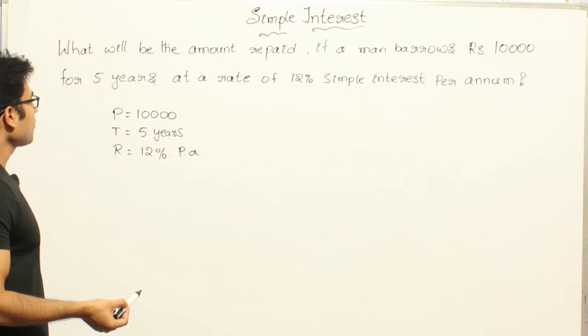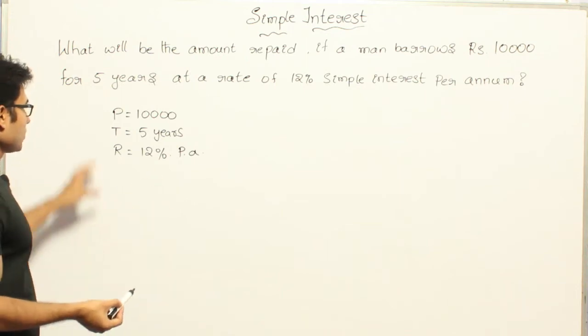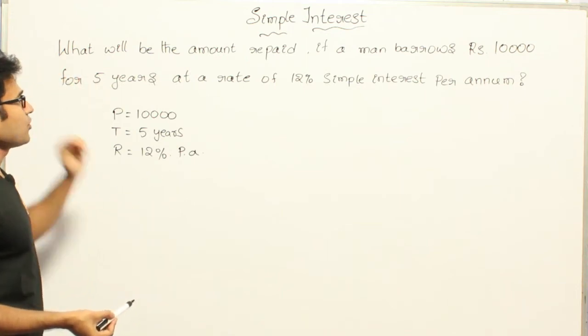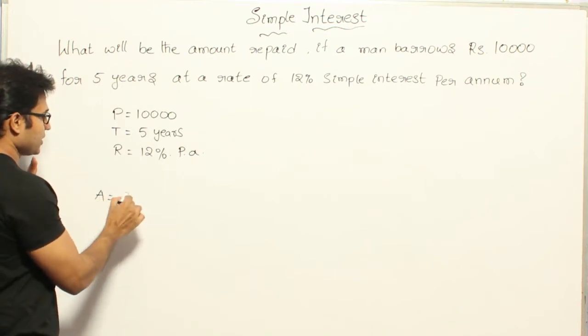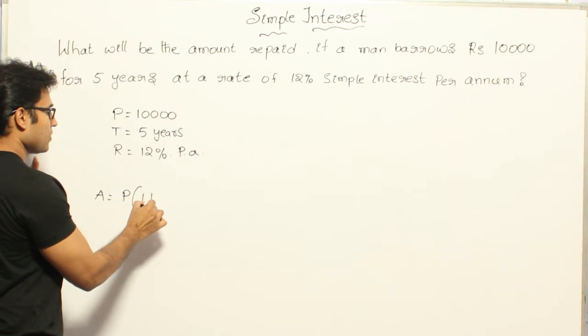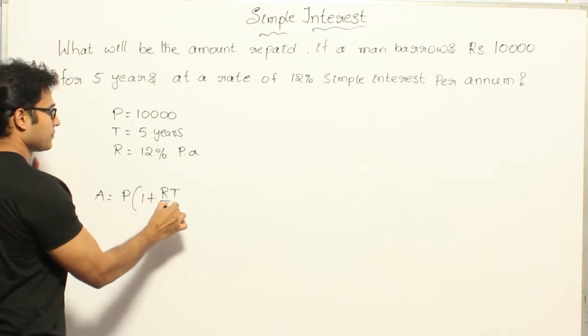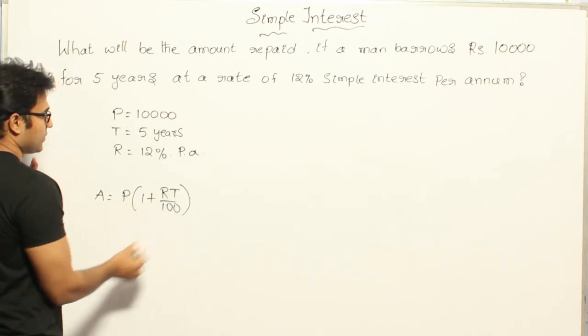Now for the total amount of time, if you know what is the amount repaid, that is what is asked. We have already seen that earlier. The formula is A equals P into 1 plus RT by 100, isn't it?